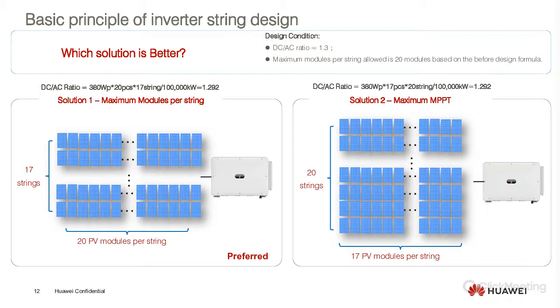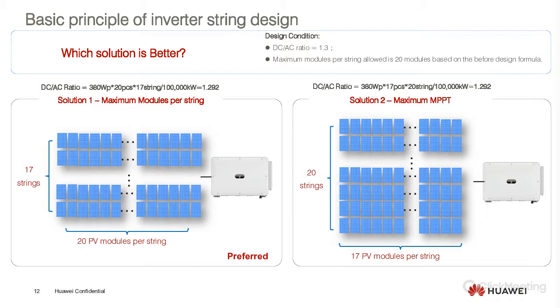You've got solution 1, with a 380 watt peak PV module, 20 modules per string, 17 strings out of the 20 capability on that particular inverter, which is the 100 KTL M1, and that provides you an AC to DC ratio of 1.292.